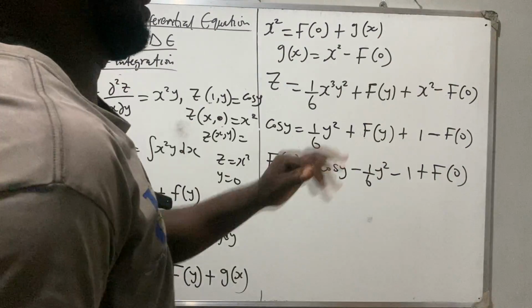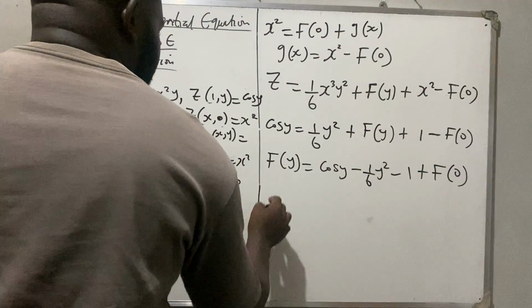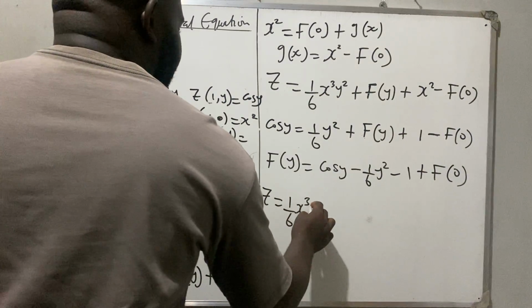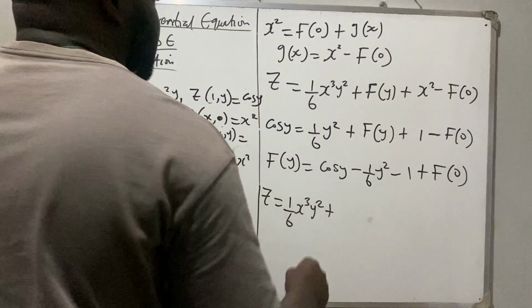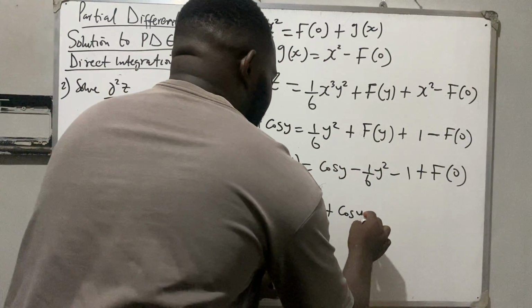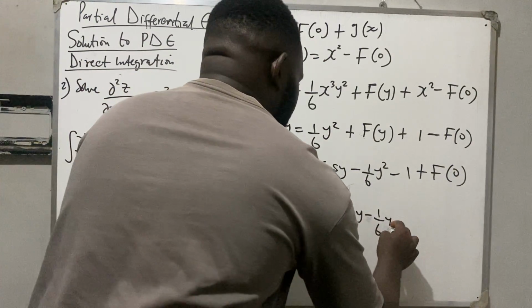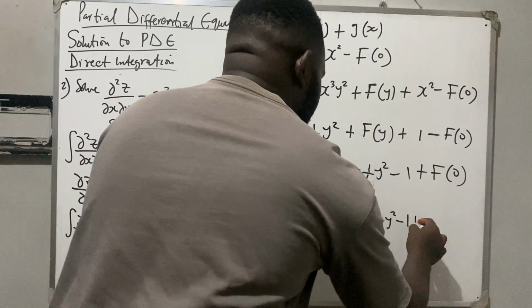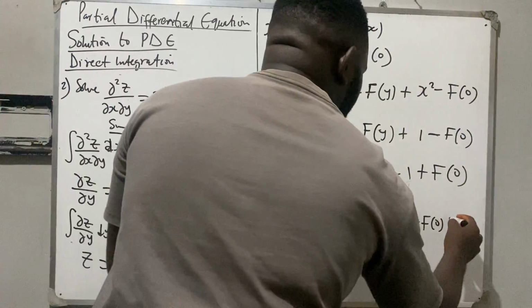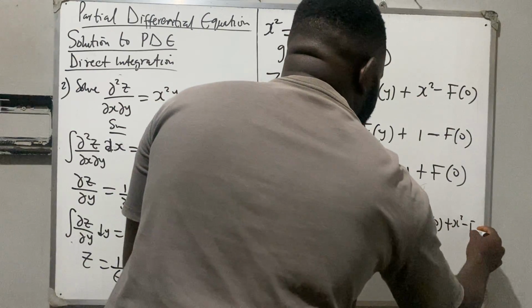So put it back everywhere again to have that your z will now be 1 over 6 x cubed y squared plus, instead of writing this, you now write cos y minus 1 over 6 y squared minus 1 plus F of 0, then plus x squared minus F of 0.